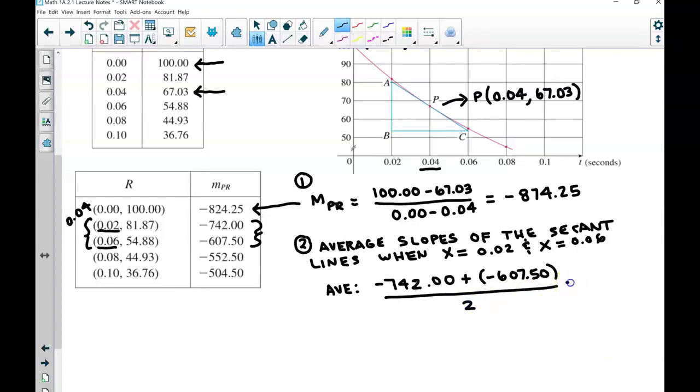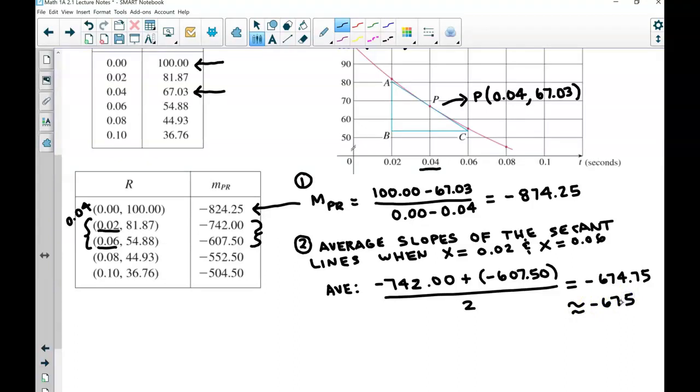And so then we're going to get the slope here to be negative 674.75, which is approximately negative 675.